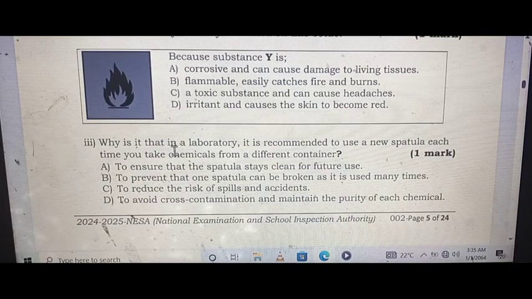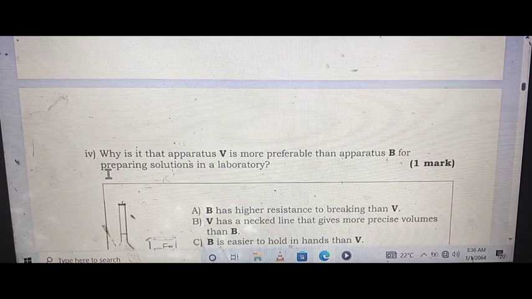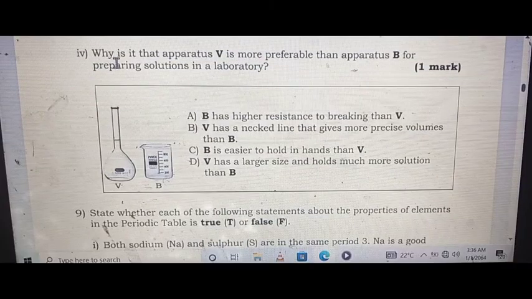Why is it recommended to use a new spatula each time you take chemicals from a different container? The correct answer is letter D, to avoid cross-contamination and maintain the purity of each chemical. 4.